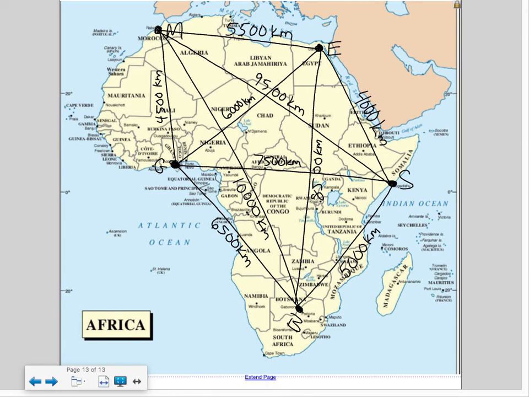We are going to go from S to M to E to M to G to S.